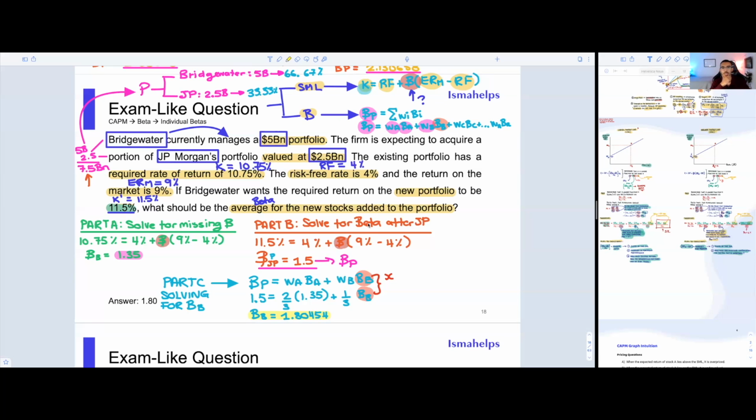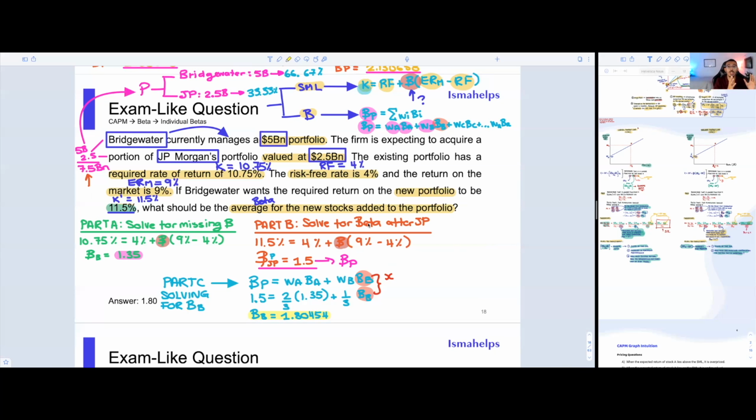Now they're asking you something interesting though. They want to know, well, hey, what would be the average beta? So what would be the beta of the new stocks or the new fund that was added to the portfolio? We could take a high level view. We could say that our portfolio is built out of two assets or two different entities.